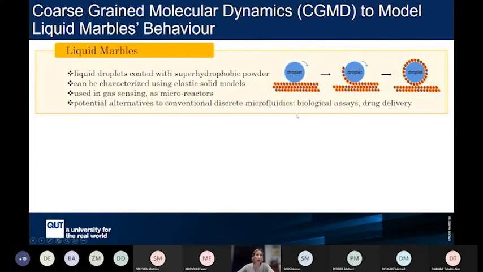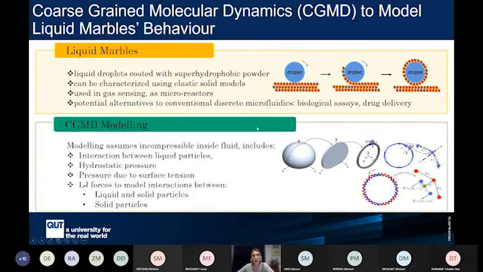Basically, they are a liquid droplet that is coated with some superhydrophobic powder. Because of that, they've got quite interesting characteristics, and they can be characterized using elastic solid models, for example. Currently we've got a 2D model of those liquid marbles.